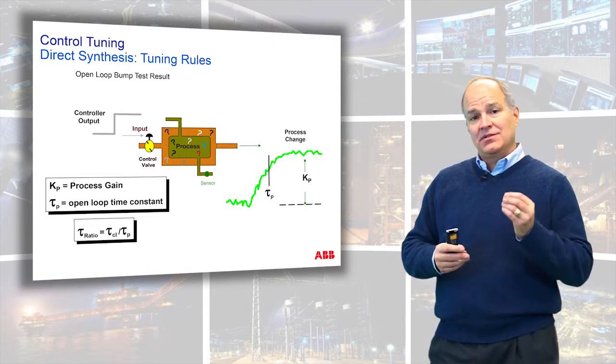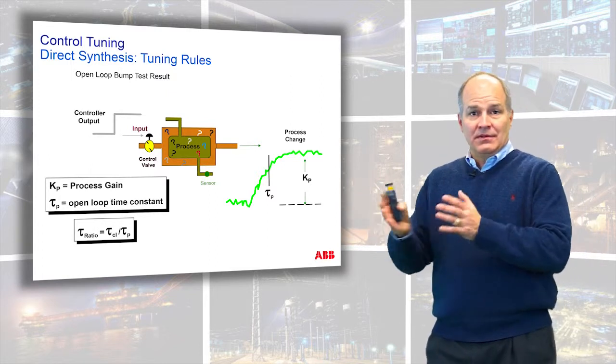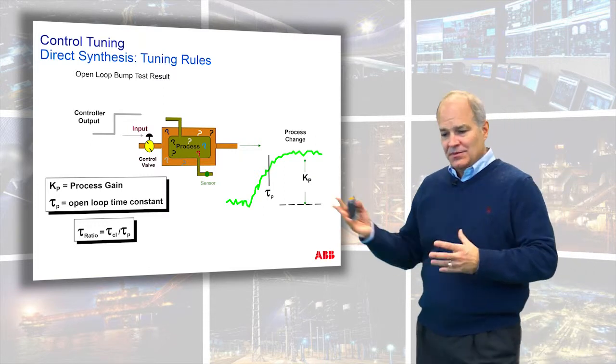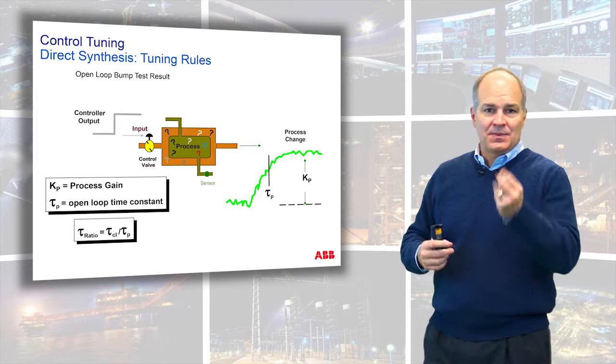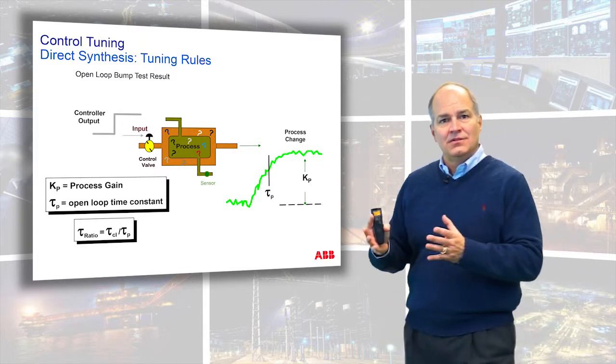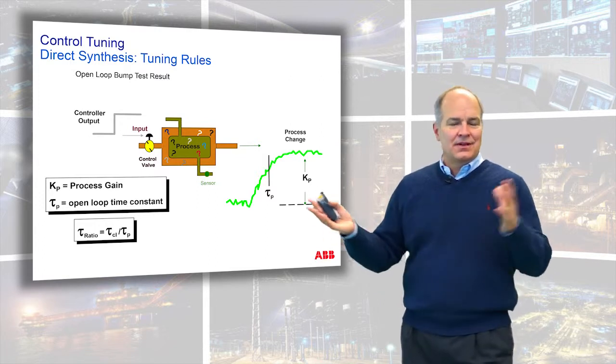Literally, the tau ratio is defined as how much slower than the dynamics of the process do I want this controller to run. When I was originally taught this method, they said just pick a number, any number will be fine. And I was like, well, it needs to be biased to the dynamics of the process. Don't use the term fast and slow. That's irrelevant.